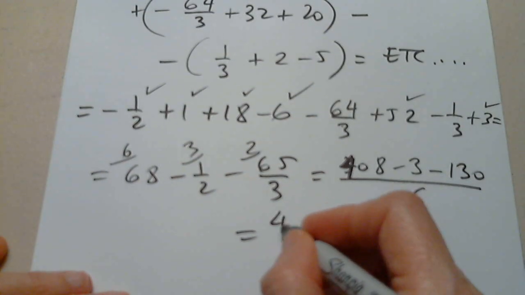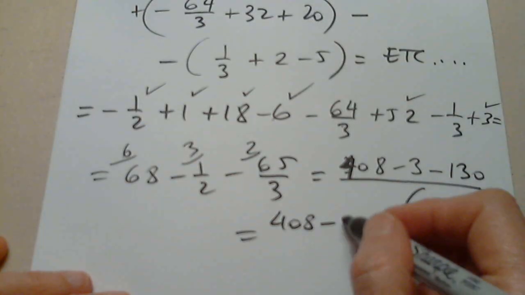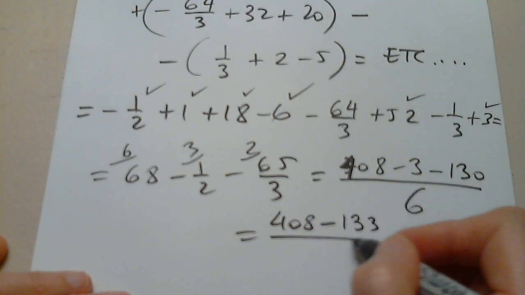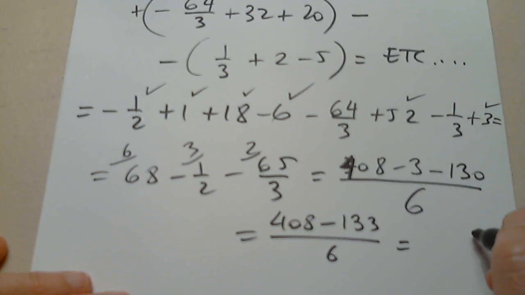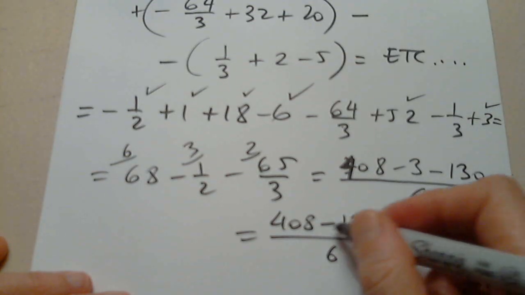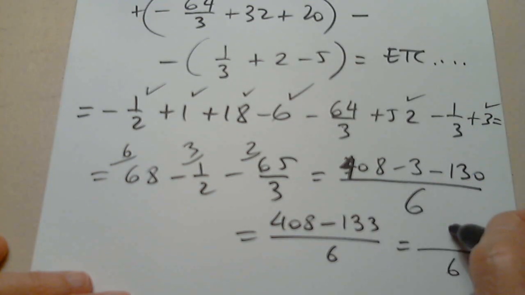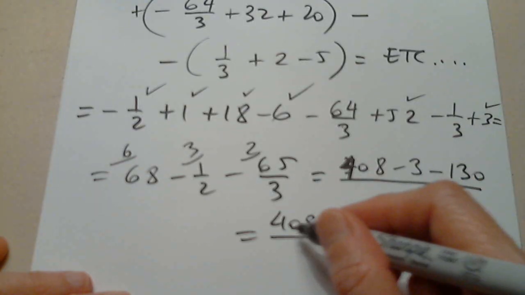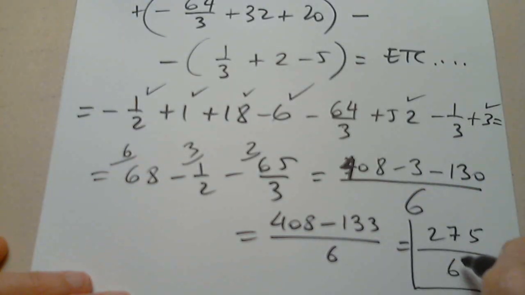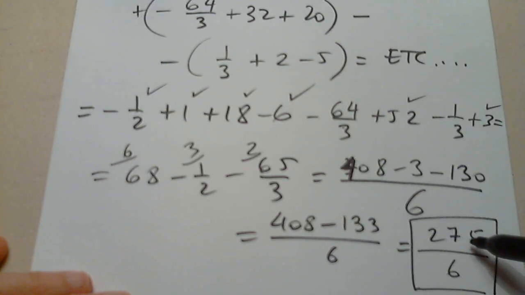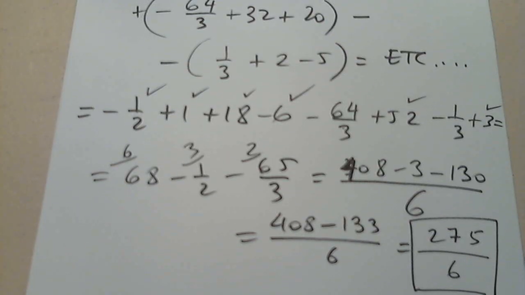So 408 minus 133. So I have 5, 7, 2. Can I simplify this? No, I cannot. Good. Let's continue.